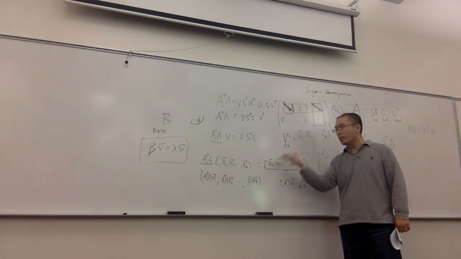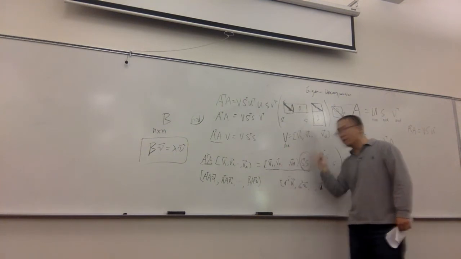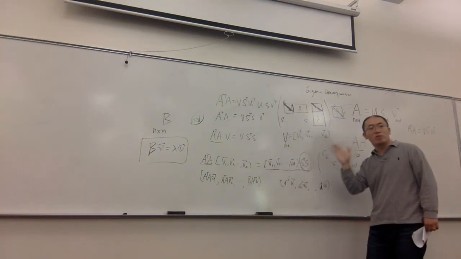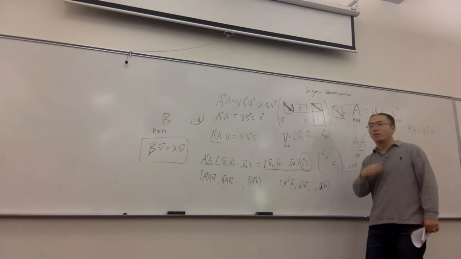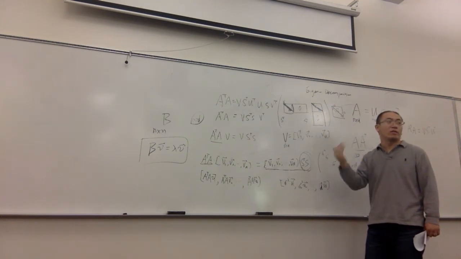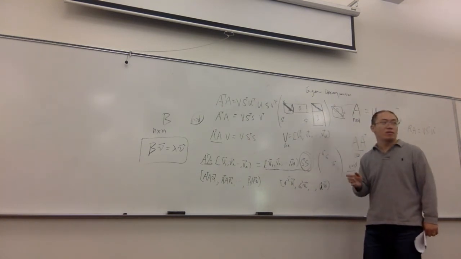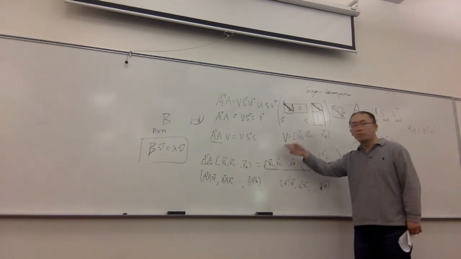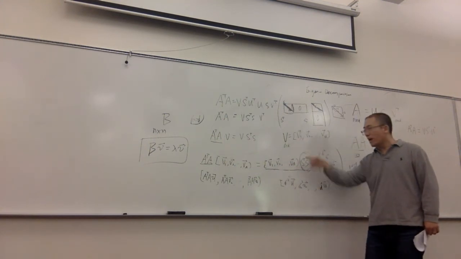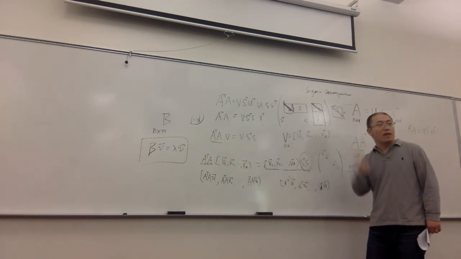So next time, whenever you multiply a matrix with a diagonal matrix on the right-hand side, remember this rule. You do not need to do the matrix multiplication again. You just multiply each column of the matrix by one diagonal element.